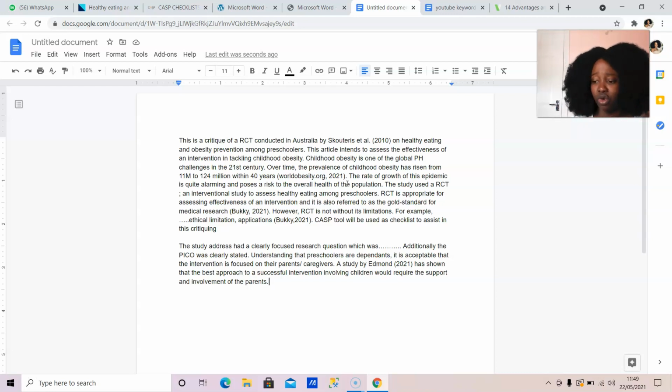It's the population, right? So since this population is appropriate, yes, you're trying to tackle childhood obesity. Of course, it is appropriate for you to go to preschoolers and any other type of children that you want to use. But then the intervention is focused on the children.